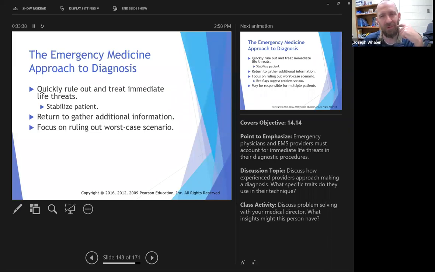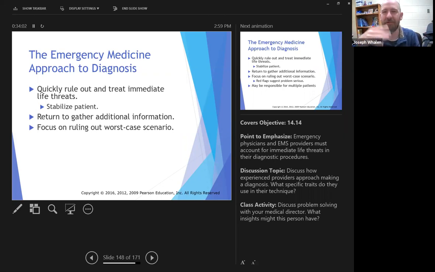Now, when we get a differential diagnosis, right, when we're saying, okay, it could be these 4 or 5 things that's wrong with you, those 4 or 5 things should absolutely include the worst case scenario. And our goal, hopefully, is to eliminate the worst case scenario, right?